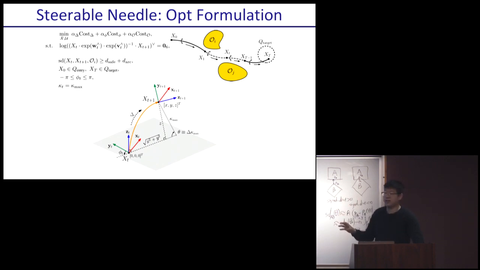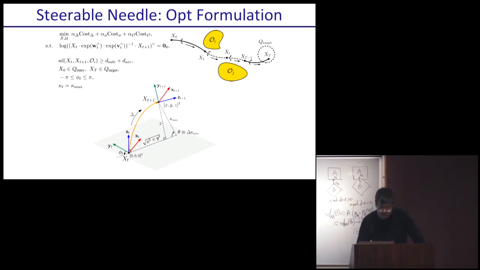I think they use some group theory representation instead of regular representation, but the intuition is simple. And also there is another constraint, that is the signed distance between the state and the obstacle should be larger than the safe distance plus the needle's distance, like some certain boundary we cannot break into.